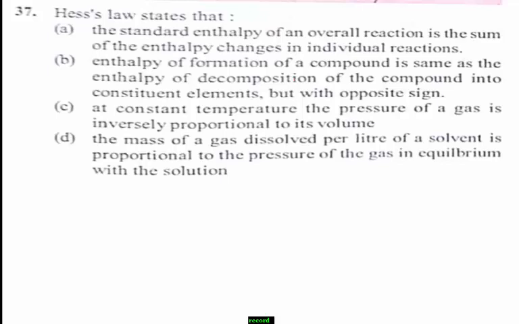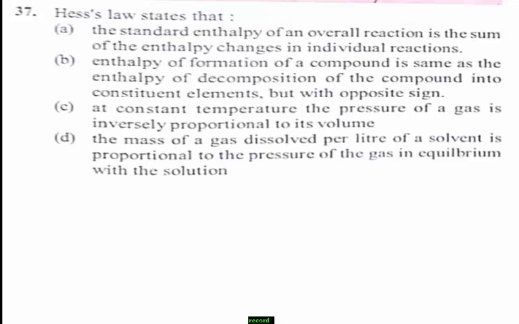Read the option given points. Option C, at constant temperature, the pressure of a gas is inversely proportional to its volume. Option D, the mass of a gas dissolved per liter of a solvent is proportional to the pressure of the gas in equilibrium with the solution. Yes, which one is the correct answer?